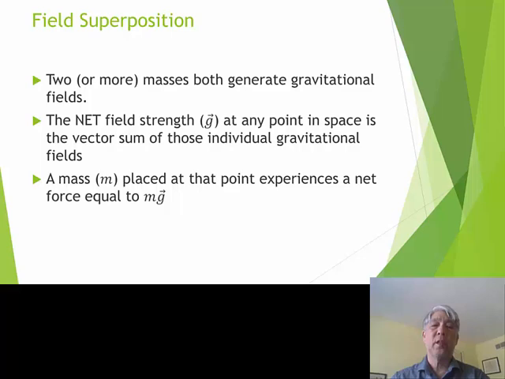We will calculate the net field strength at any point simply as the vector sum of the individual gravitational fields. We can add vectors graphically or algebraically. A mass that we place at that point will experience a net force from gravity, effectively from both, but it'll simply be equal to m times g sub net.